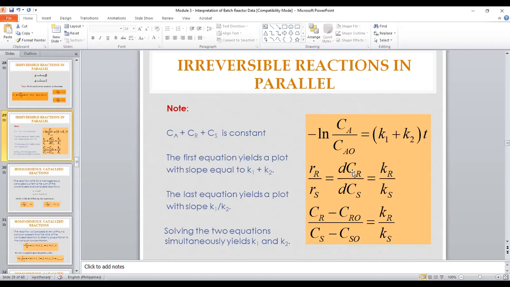From in here, you have two derivatives, but these are all constant.